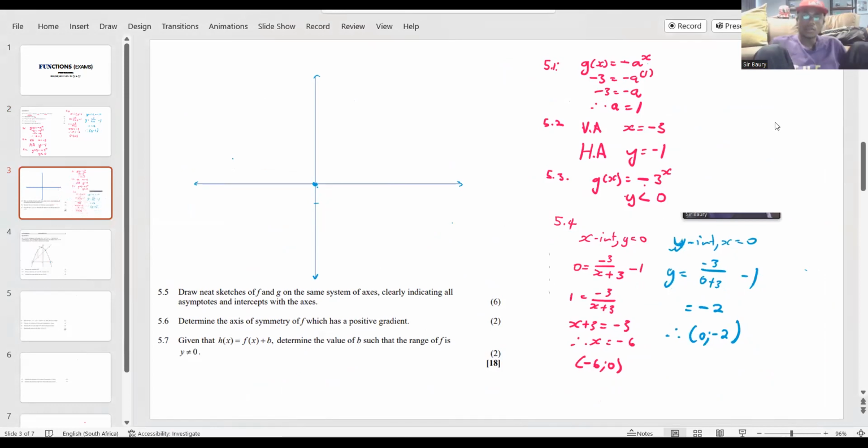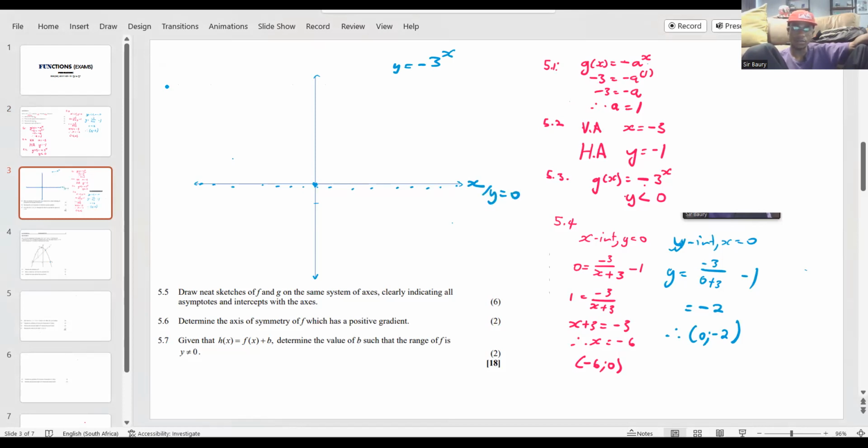Okay, so I'll start with the asymptotes. The asymptote for g, you had y is equal to negative 3 exponent x. Asymptote is 0. So we won't touch this line. And then the x-intercept. We don't have an x-intercept because it won't cut the x-axis because of the asymptote.